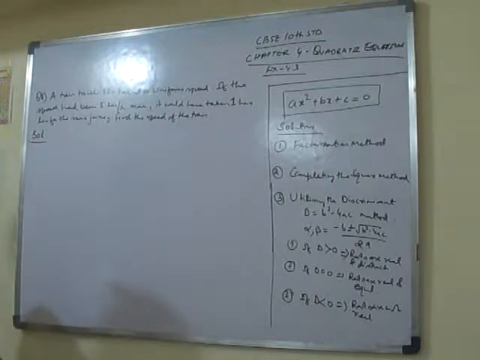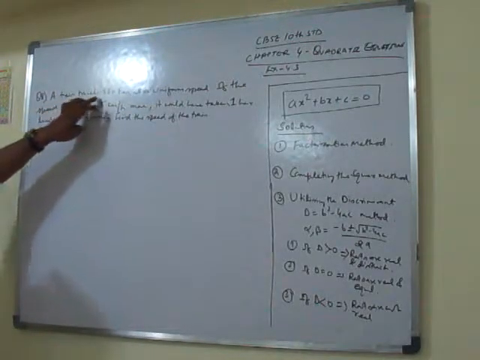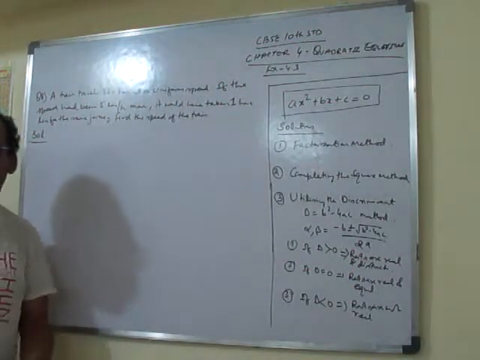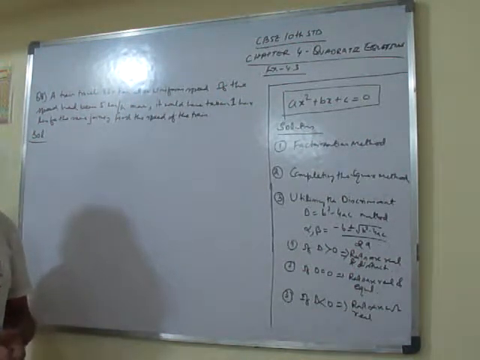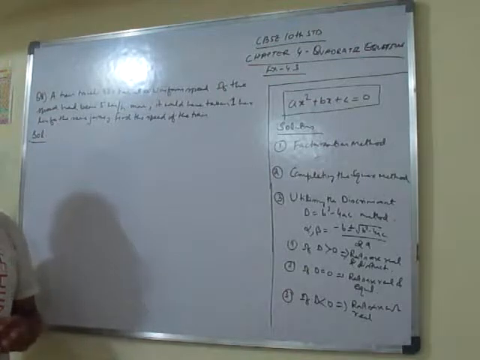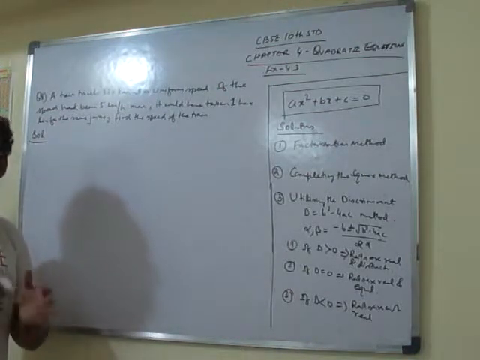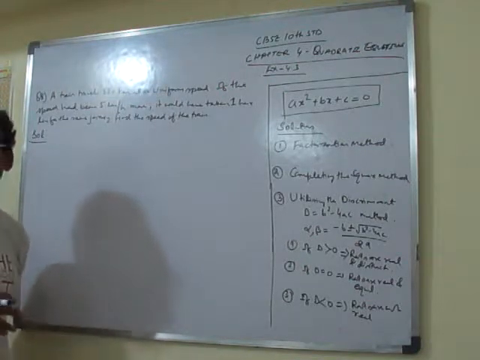A train travels 360 kilometers at a uniform speed. We all perform train journeys very frequently, moving from one place to another, and most of us have traveled by train.